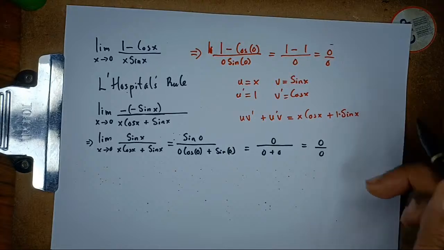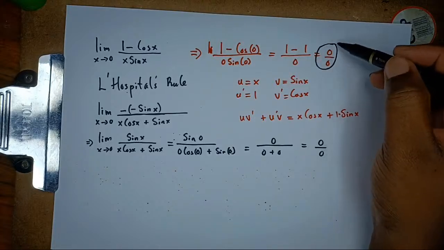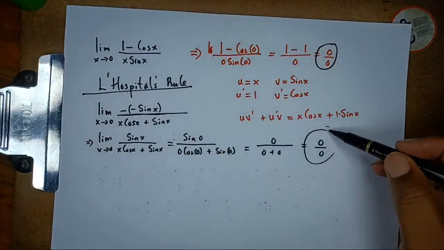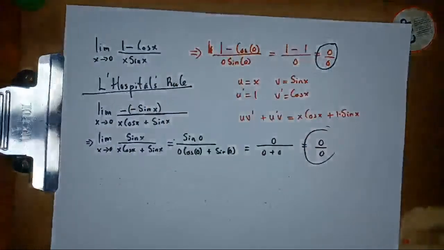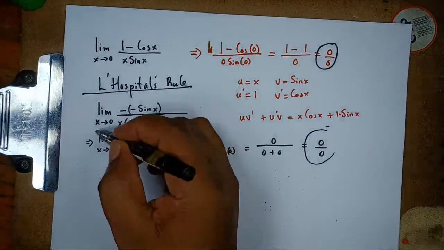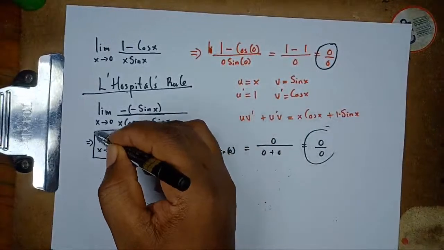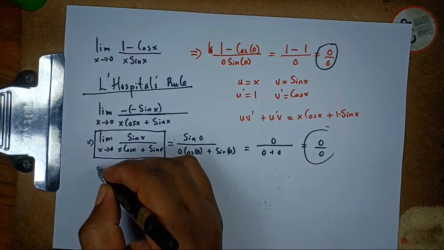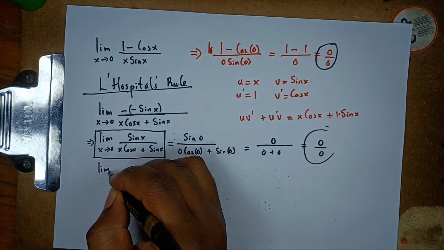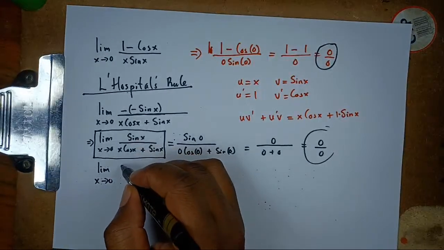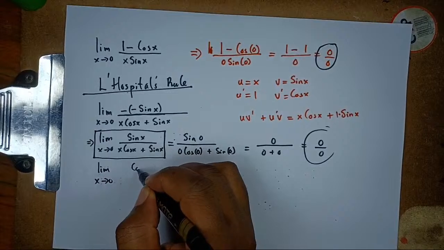Since we don't have the answer, remember what I said: once you get to this, you apply L'Hopital. So we apply L'Hopital again, on this part here. Differentiate both the numerator and the denominator. So the limit as x approaches 0: the derivative of sine is cos.